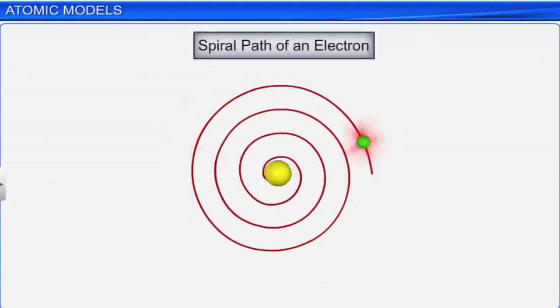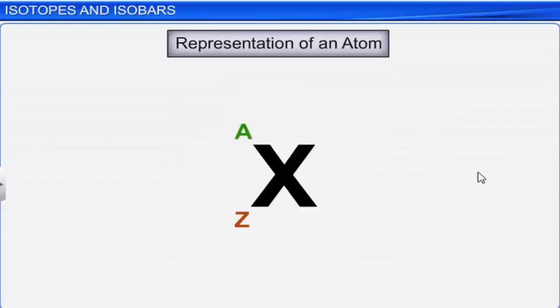Hence, an electron revolving round the nucleus also loses energy. As a consequence of this, the electron follows a spiral path towards the nucleus, and this ultimately results in collapse of an atom.